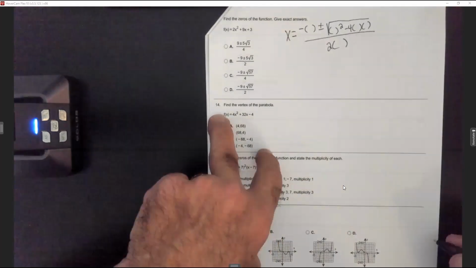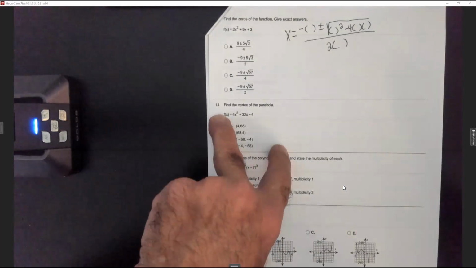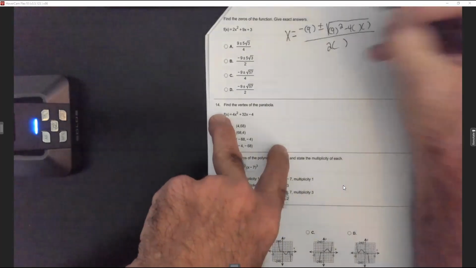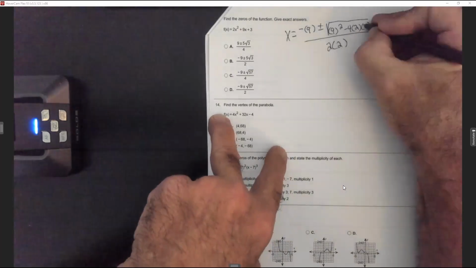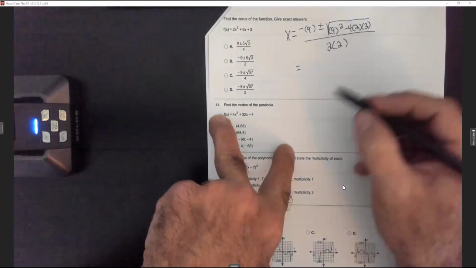Now, you have a program for this. A is 2, B is 9, C is 3. It'll kick that out pretty quick. So let's put 9s in for the B's. A was 2, so that's going to go there and there. And C was 3. All right, but I always like doing this one by hand.